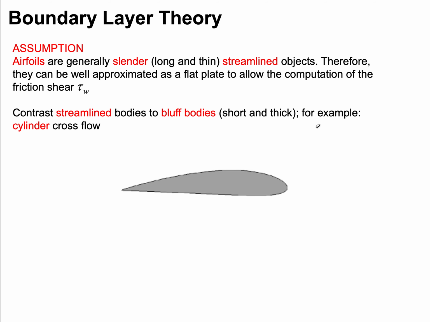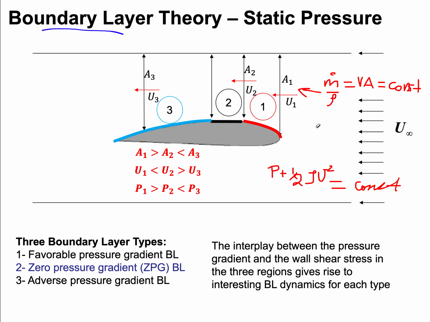So now we're going to make an assumption. We're going to forget about favorable pressure gradient boundary layers. There's a full theory on that, and a full theory on adverse pressure gradient boundary layers. The point here is to make you aware of the presence of these theories.